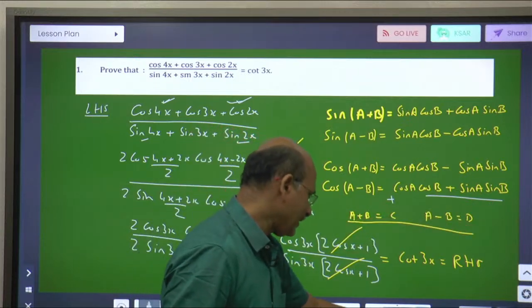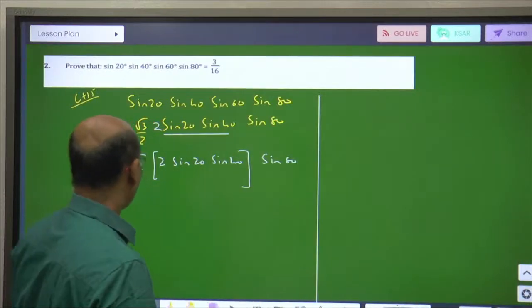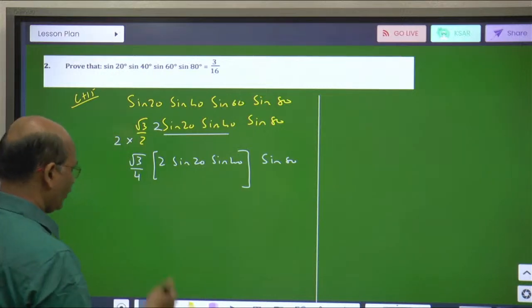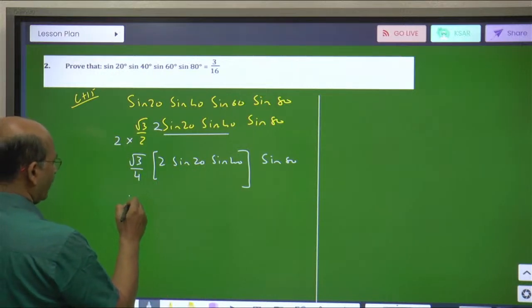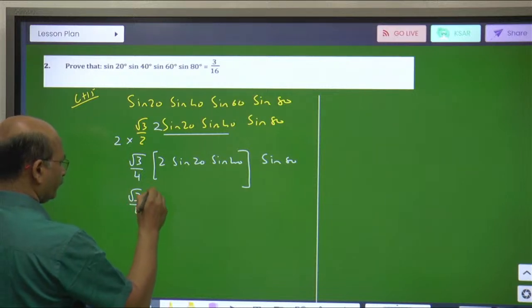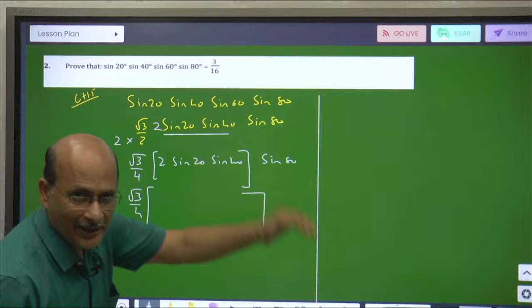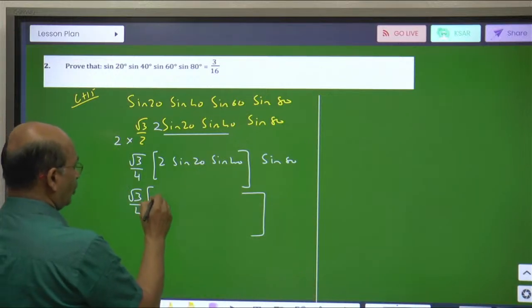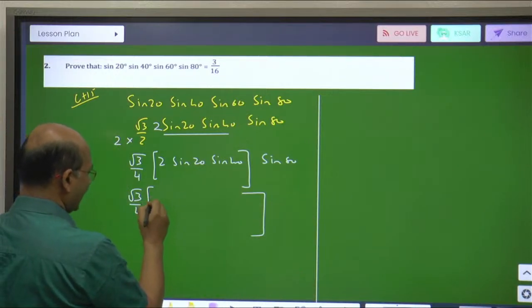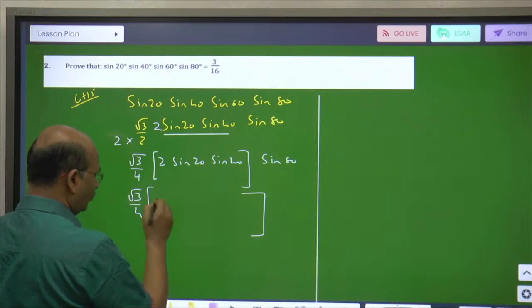So I suggest a formula for you directly. What you can do, if you want, you can go ahead with that. So root 3 upon 4. Now 2 sine A sine B is subtraction of cos. You can take it any way round.